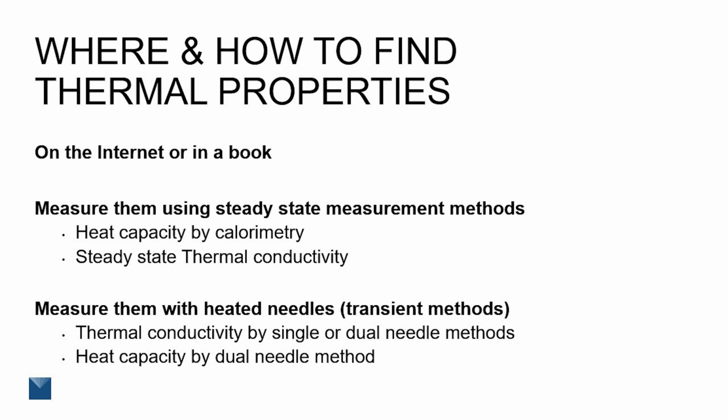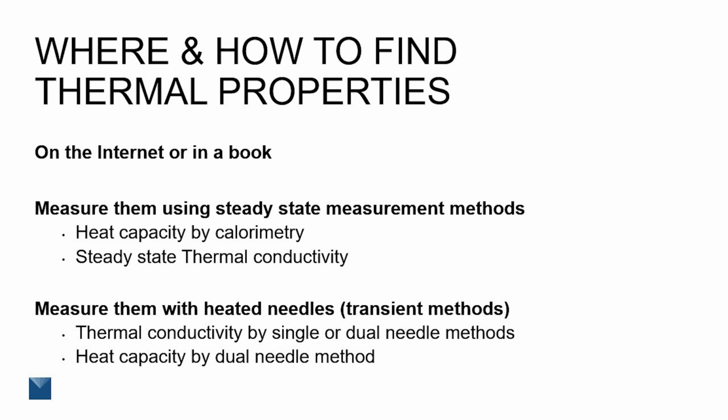The methods for making those measurements are either steady state or transient. For example, we could measure heat capacity with a calorimeter, or we could measure thermal conductivity by flowing a constant amount of heat through the material, measuring the temperature difference. With transient methods, those are often made with heated needles.